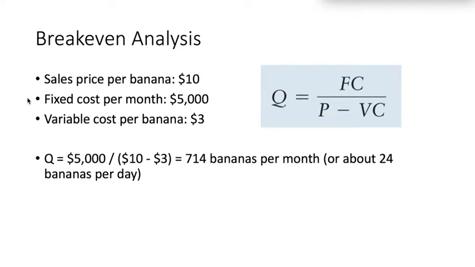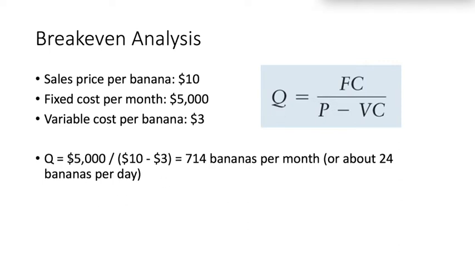So the question is, given this fixed cost, if they don't have any sales, then they're losing $5,000 each month automatically. So the question is, how many bananas do they have to sell before they become profitable? And it comes down to a fairly simple equation here, where all we have to do is throw in the numbers, and it gives us Q, which is the number of bananas, right?